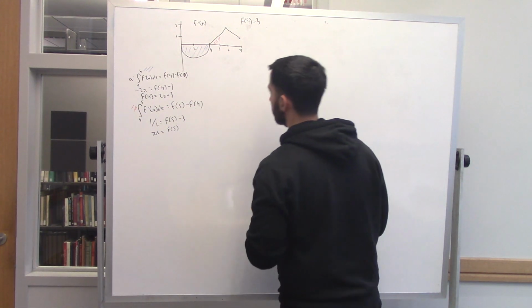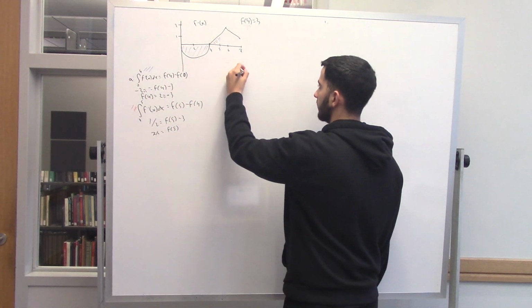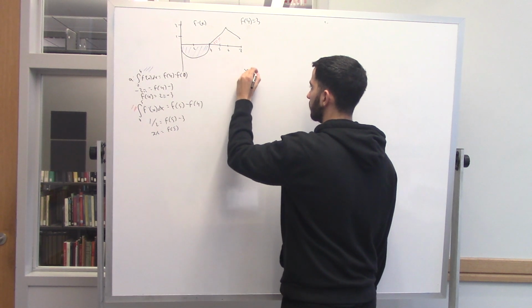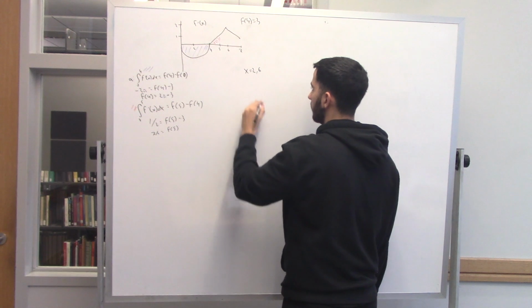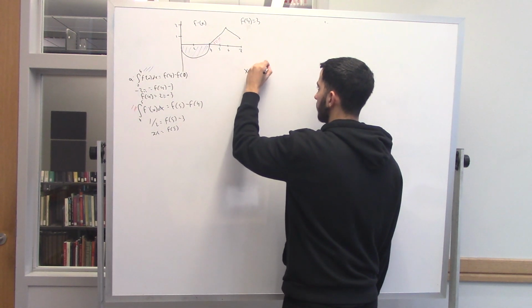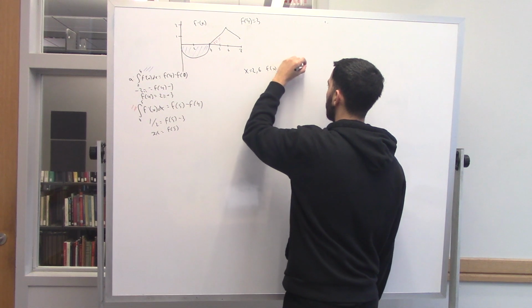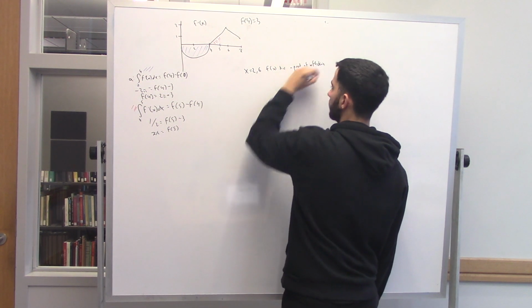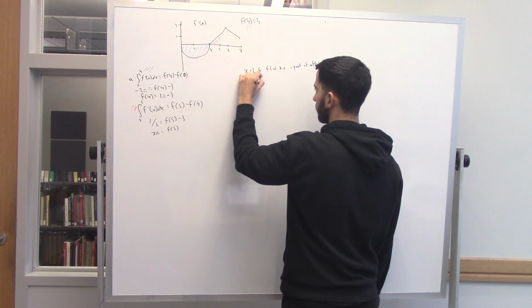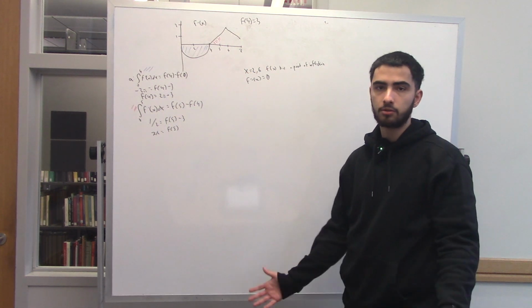Well, the circle is centered at 2, 0. So we know that at x equals 2 and, well, this happens at x equals 6. At x equals 2 and 6, f of x has a point of inflection because the second derivative equals 0. And that is all you need to do for part B.